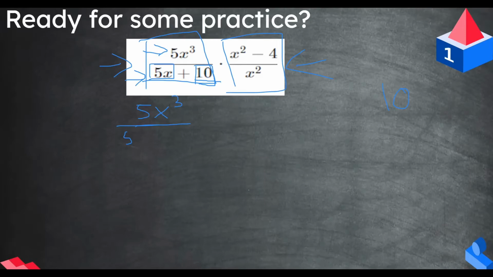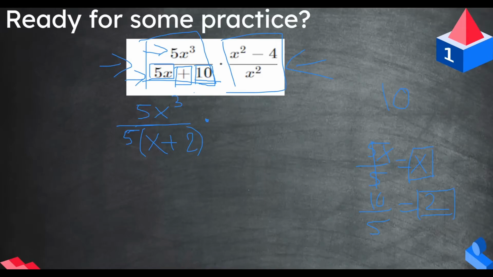Yes, Maggie, that is correct. So 5 is the greatest common factor for 5x and 10. Now you divide each of the terms by 5. 5x divided by 5 is just x, and 10 divided by 5 is just 2. So x is my first term, and my second term is 2, with the same sign, plus. Good to go for the first fraction.